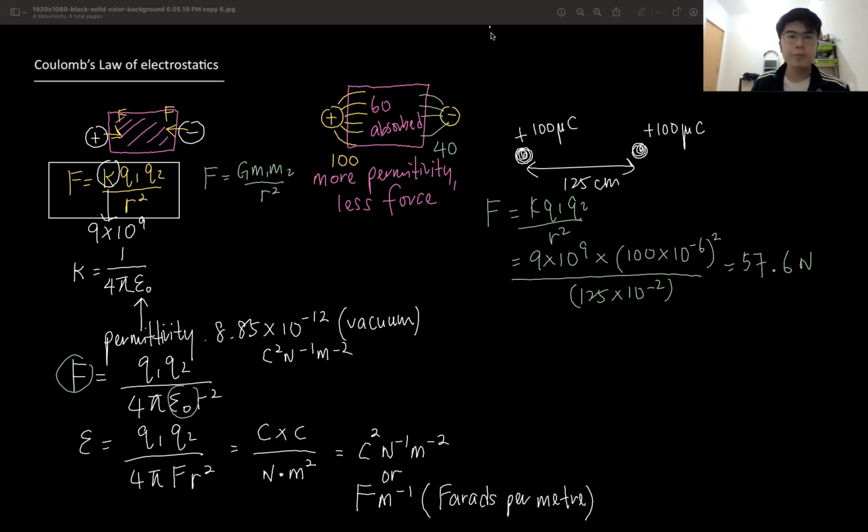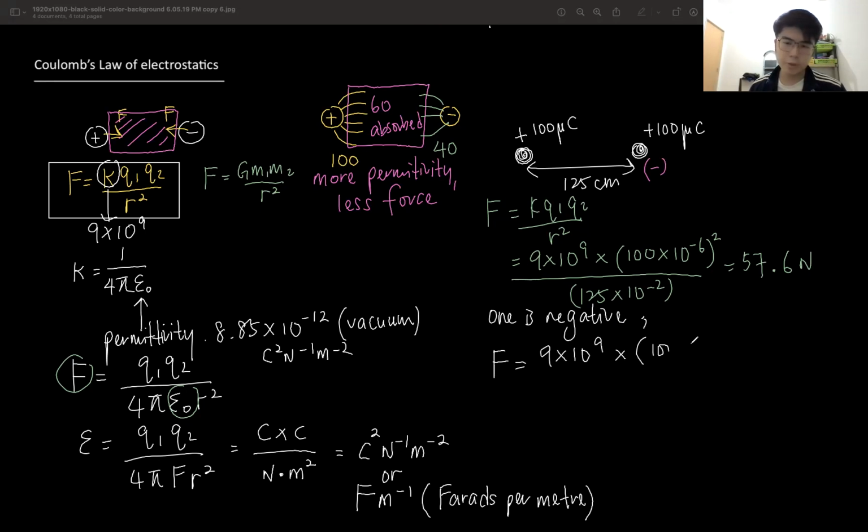What if one is a negative charge? If the other particle is a negative charge, let's calculate the force when one is negative. Then F equals 9 times 10 power 9 times 100 times 10 minus 6, and for the other charge, you have to put a negative: negative 100 times 10 minus 6.